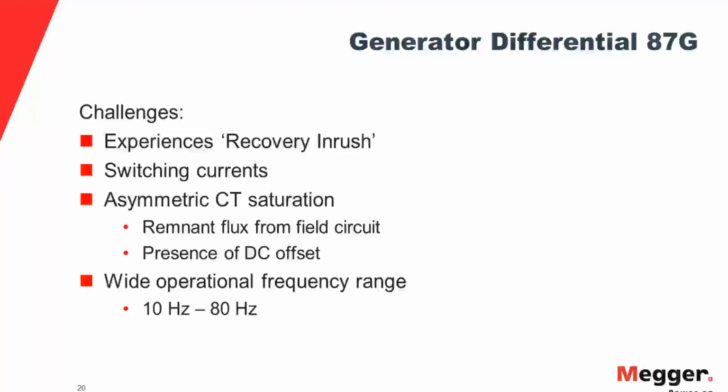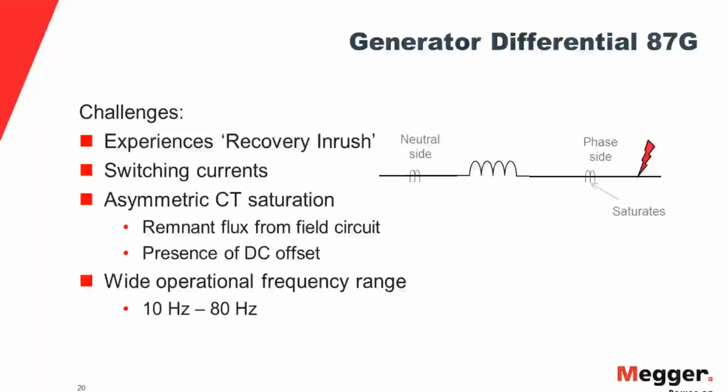The differential relay should have good immunity to avoid incorrect operation on an external fault that significantly lowers the voltage, where the voltage recovers when the fault is cleared. For an external fault, you don't want your differential relay to operate. Because of some faults outside of the protected zone, a phenomenon called the recovery inrush, you don't want the differential relay to operate.